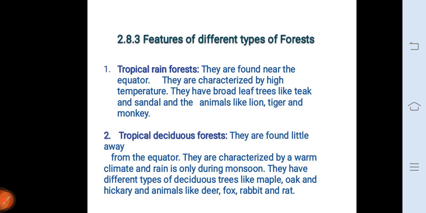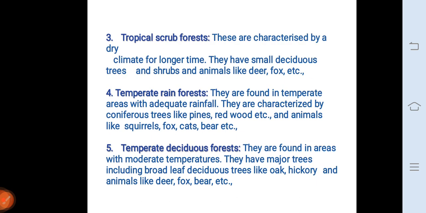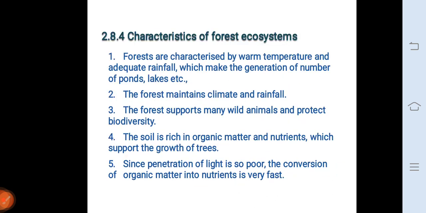Consumers are of three types: primary, secondary, and tertiary. Primary consumers directly depend on the plants for their food, and secondary consumers directly depend on primary consumers, otherwise herbivores, for their food. Tertiary consumers directly depend on primary carnivores, otherwise secondary consumers, for their food. Examples for decomposers are bacteria and fungi.